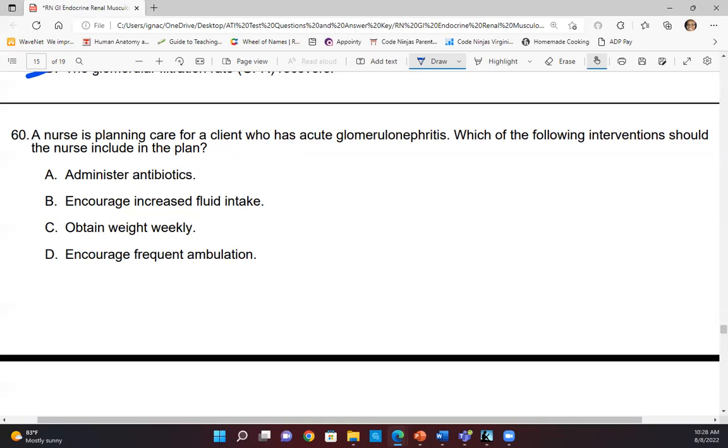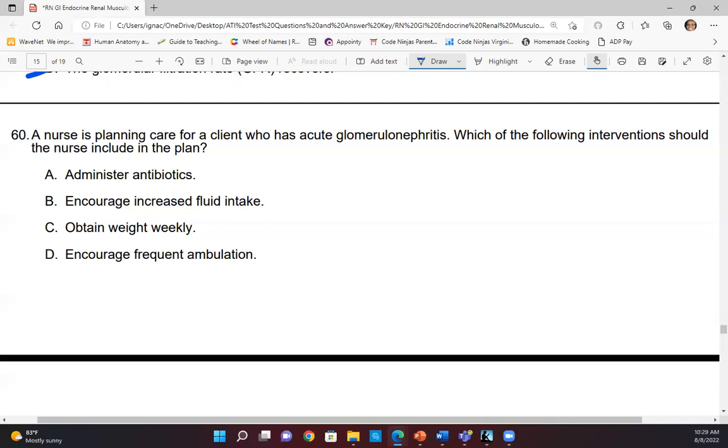Okay, all right. So I'm seeing some answers in the chat. Okay, so acute glomerulonephritis is an acute renal disease involving the renal glomeruli of both kidneys. It could be an antigen antibody reaction that damages the glomeruli of the kidney. And it may be a secondary response to infection in other areas of the body that usually occurs in children.